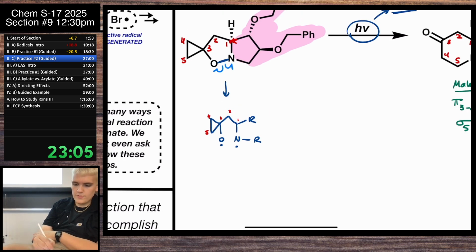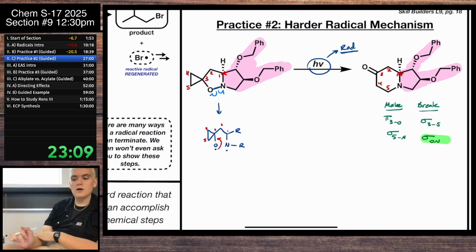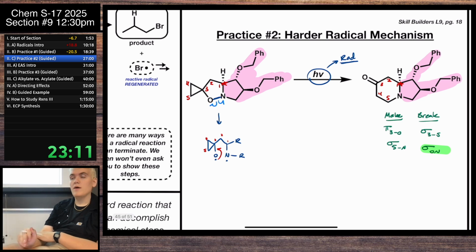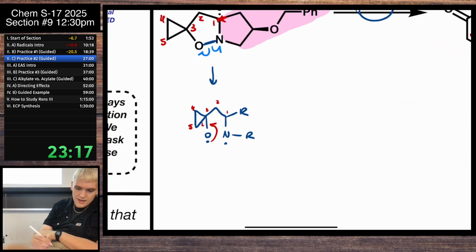So let's try it. We have our numbers 1, 2, 3, 4, 5. If we are going to fold this electron in and make a double bond, then we need one more electron from another source, from a bond that we are going to break. So we need to break our 3-5 bond. That's where I'm going to get my other electron. And then when we're breaking the 3-5 bond, 3 is what's making the double bond now. So 5 gets a dot.